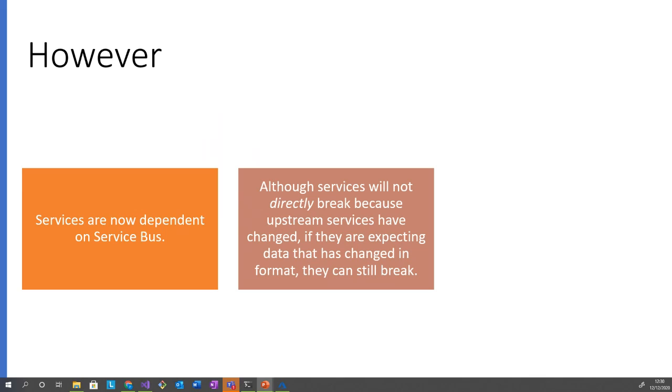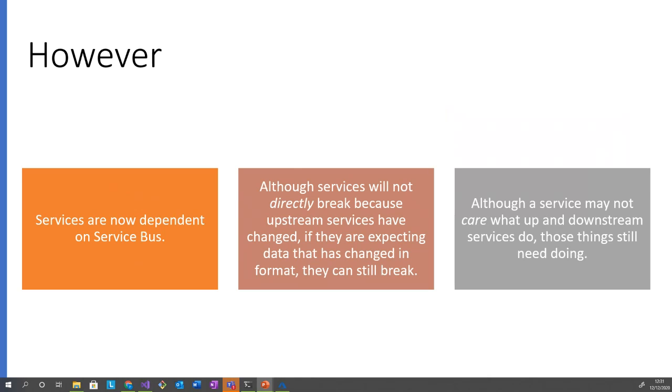Although the services won't break directly because upstream services have changed, if they're expecting data that's changed in format, they can still break. But it's worth bearing in mind that that'll be an isolated thing. So you still have to write your services resiliently. And although services might not care what up and downstream services do, we haven't removed the need to do those things.